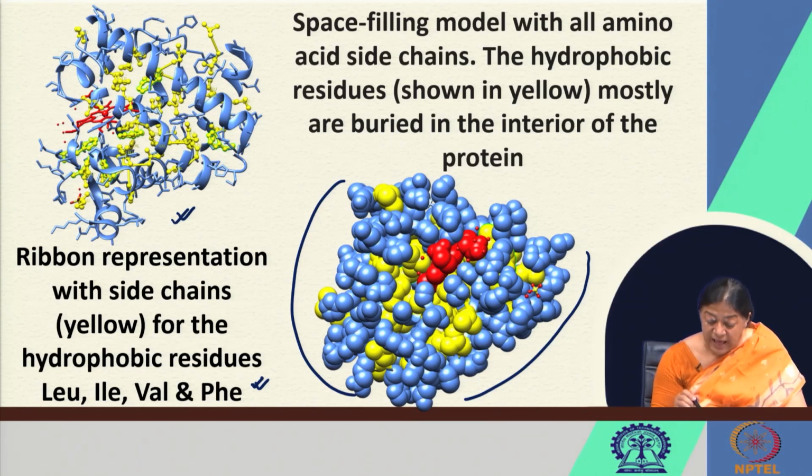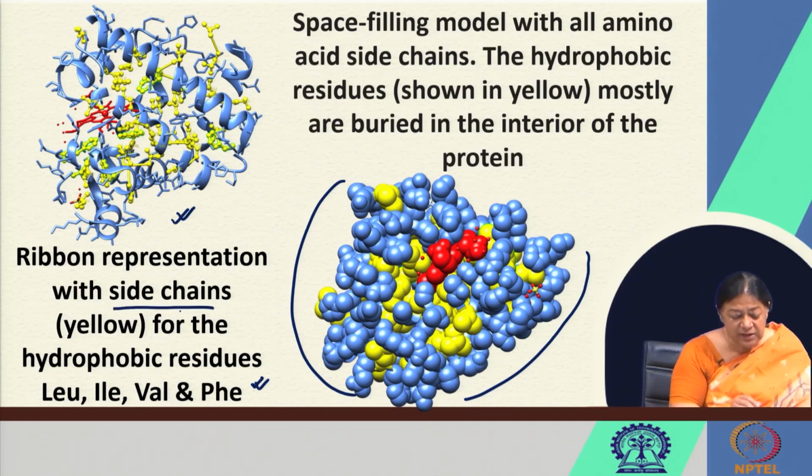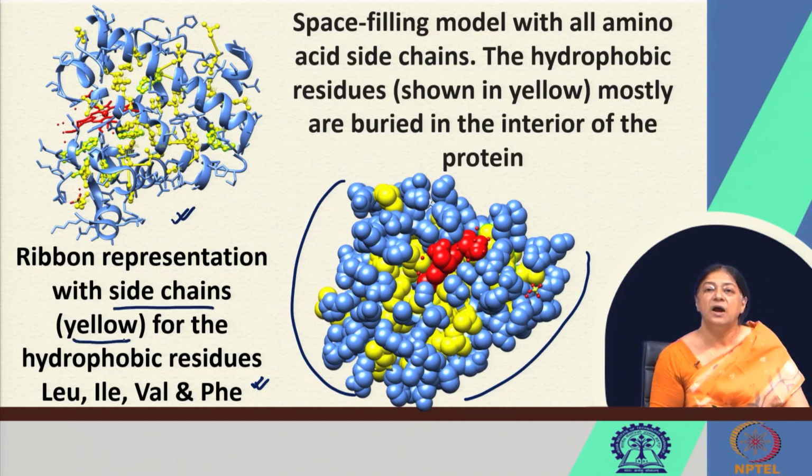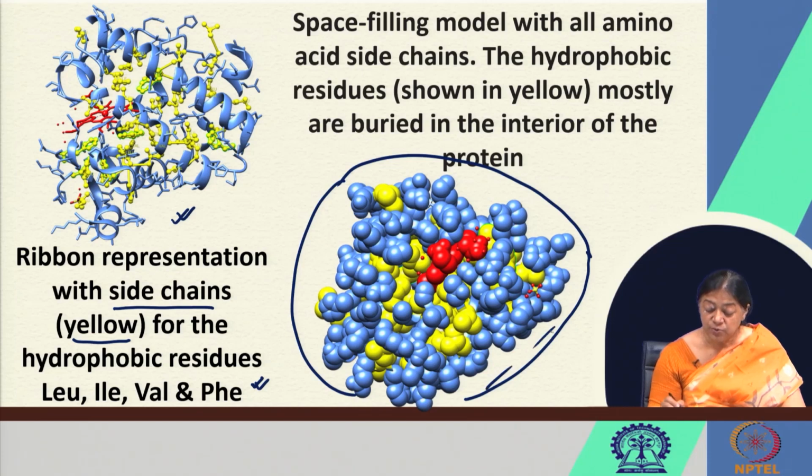We see that the yellow side chains are the hydrophobic side chains. And where are they? They are in the central part of the protein. Why is it so? Because we have a polar solvent and we would prefer to have hydrophilic amino acid residues on the surface.